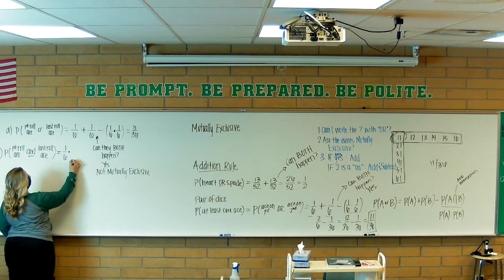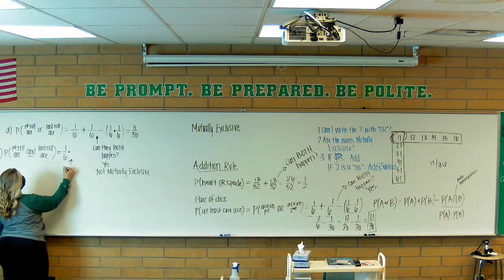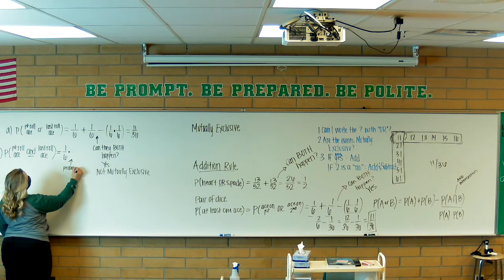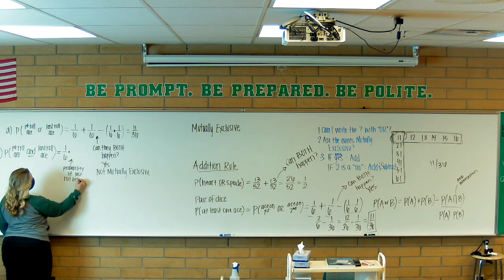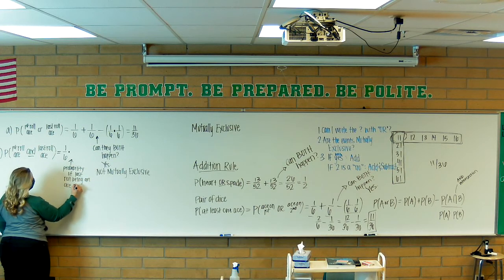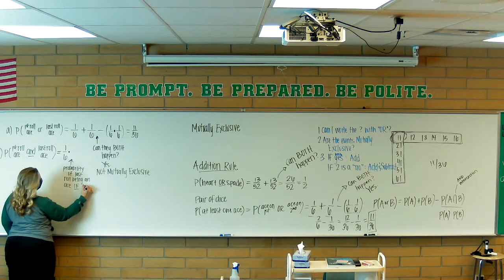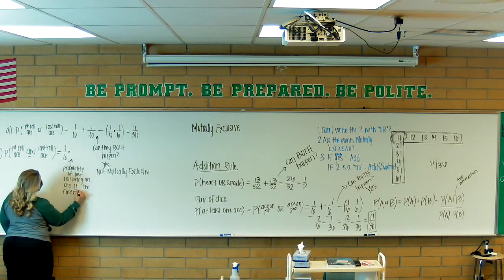This number that you're about to write right here is the probability of the last roll being an ace if the first roll was already an ace.